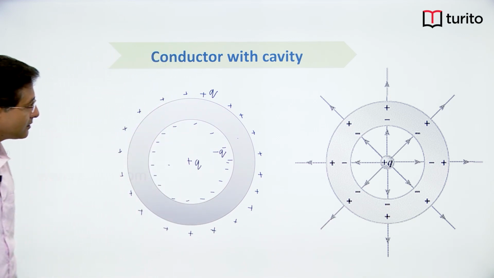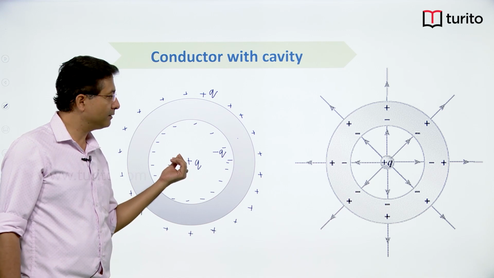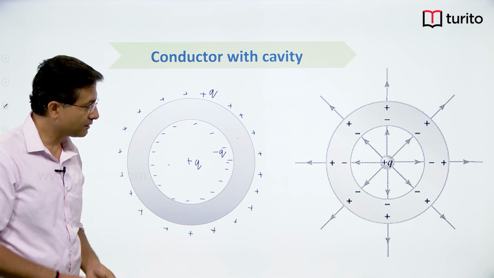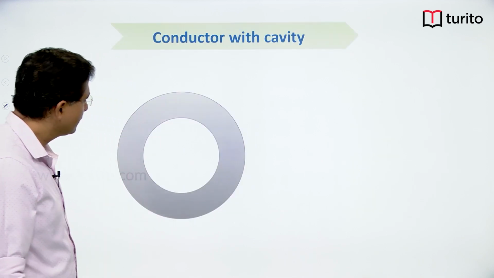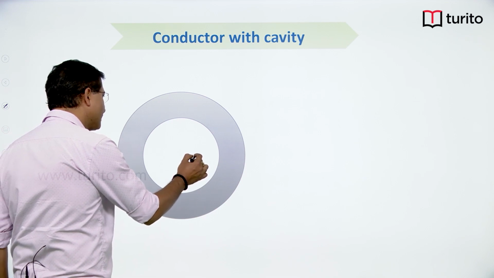Now the question is, instead of keeping it here at the center, if I keep somewhere else, somewhere here, right. So let us see. So I now want to place charge somewhere here.